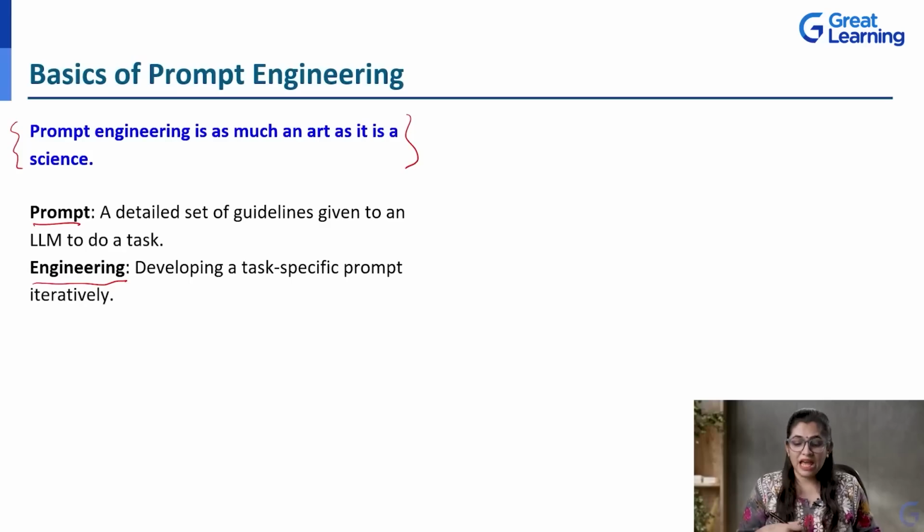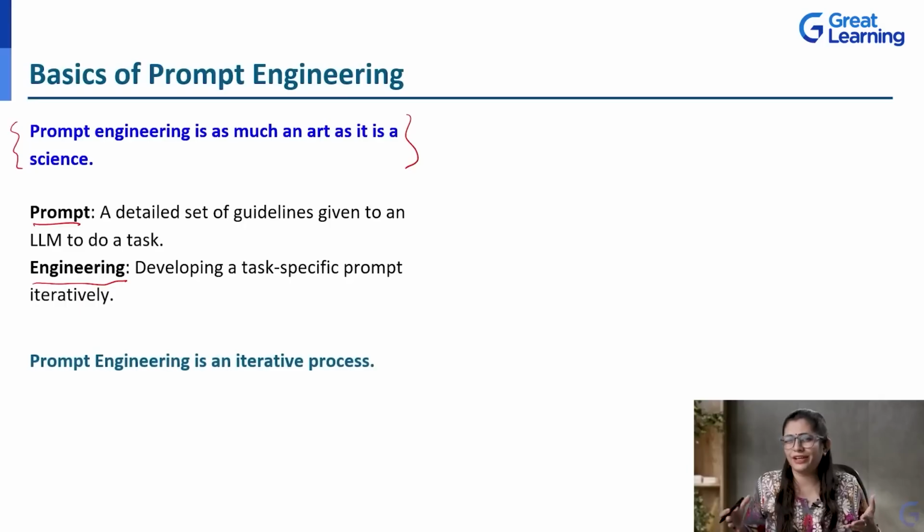Engineering is developing iteratively a task-specific prompt to enable the generative models or LLMs to output a perfect or near perfect outcome that you have focused for. So, if you see, prompt engineering is an iterative process. How?